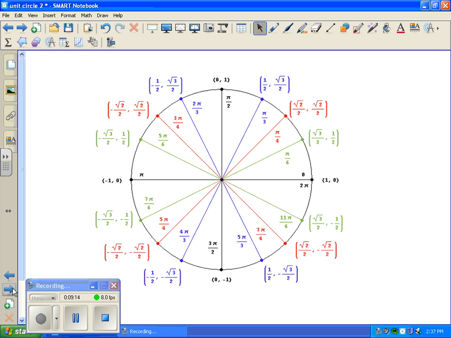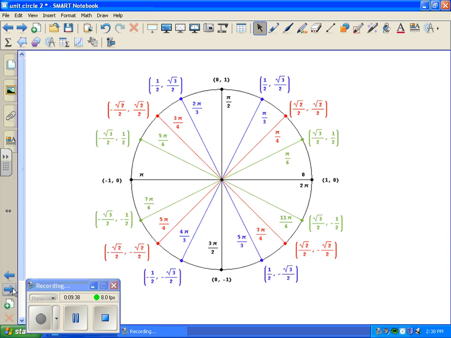So this unit circle is color coded, which is kind of nice, so that you can see the patterns of the reference numbers that are directly across from each other. And you can also see the radian values. Now, I usually tell my students that I wouldn't necessarily say memorize where all of these values are, but at least be able to figure them out.